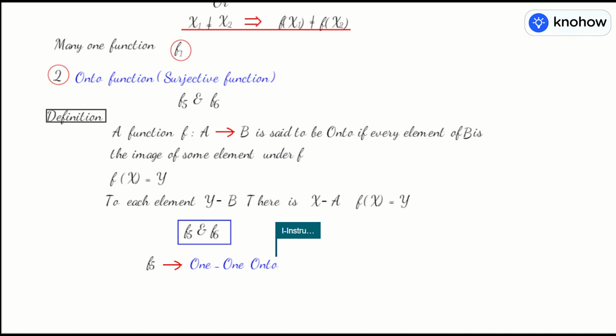Whereas in F6, all the rooms 1, 2, 3, 4, 5 are occupied, so it is onto. But A and B are sharing room number 1, D and E are also sharing. Even if there is one sharing, it is many-one.